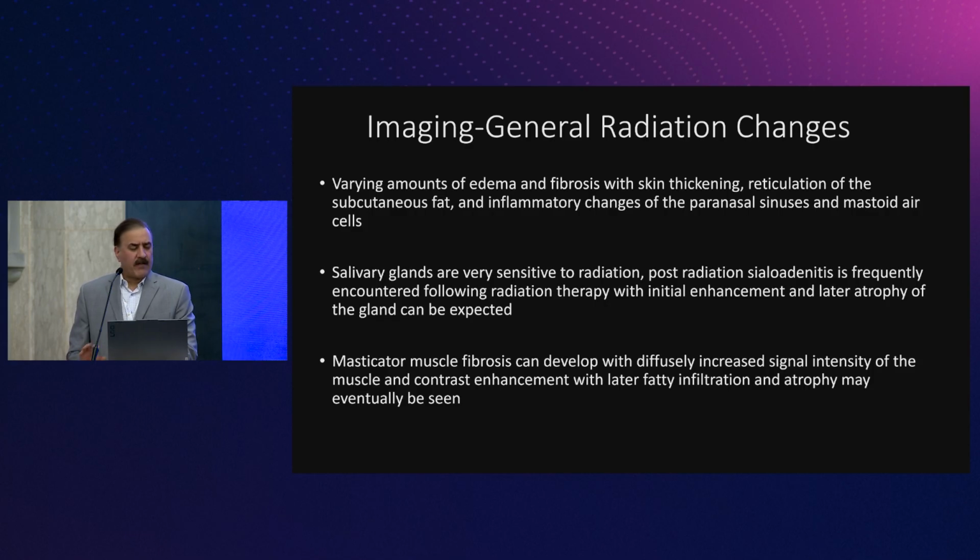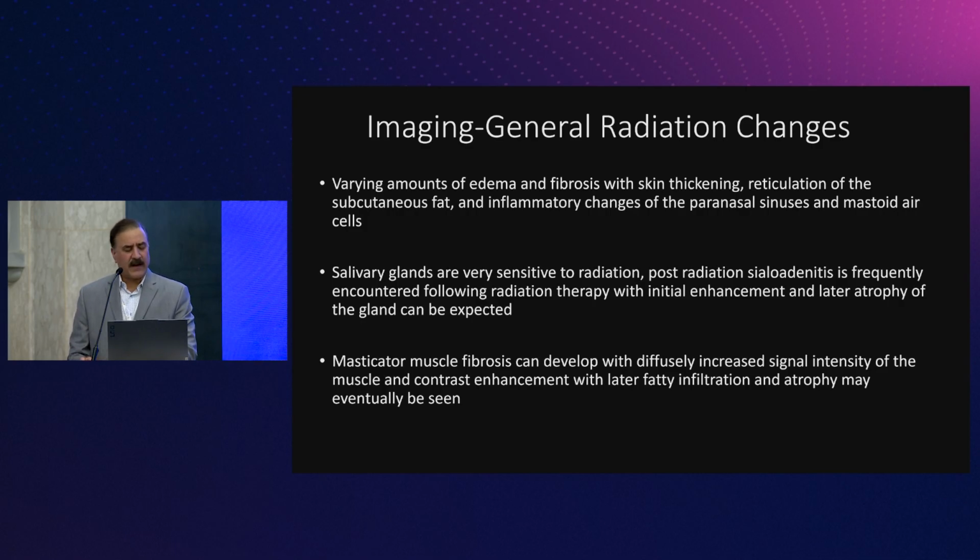So what are the general changes that we see on our scans? Obviously, skin thickening, subcutaneous stranding, and mucosal edema are seen throughout the neck in the treated areas. We see involvement of the salivary glands. They are very sensitive to radiation, so you can have increased enhancement of the salivary glands, sialadenitis, and later on, in the later stages, atrophy of the gland itself.